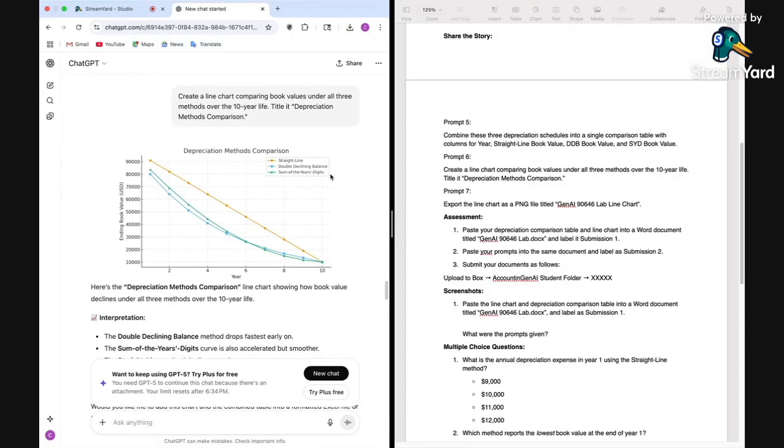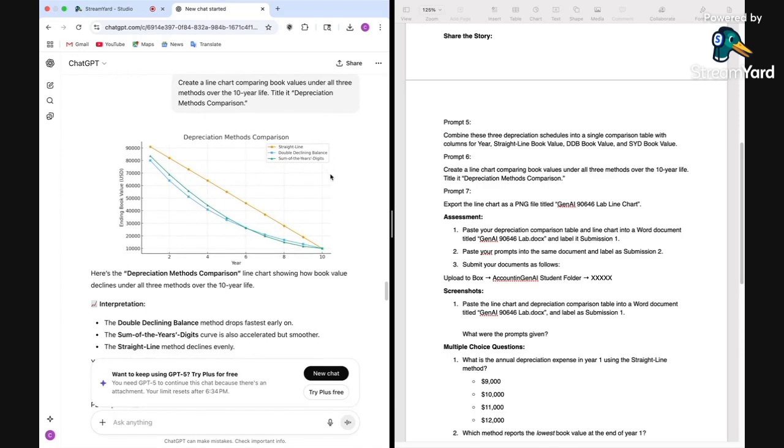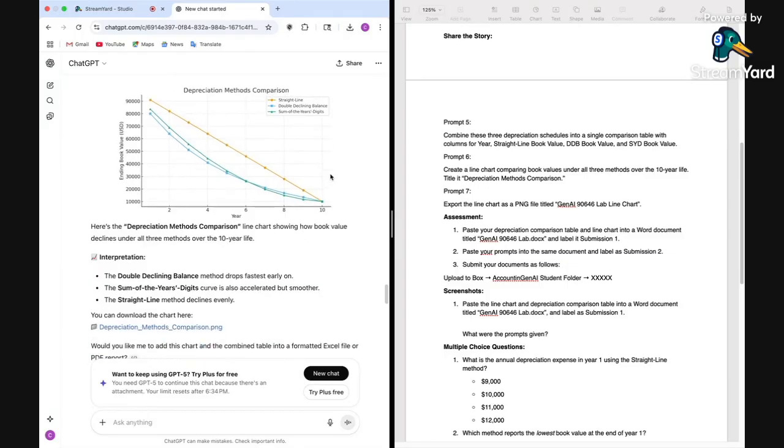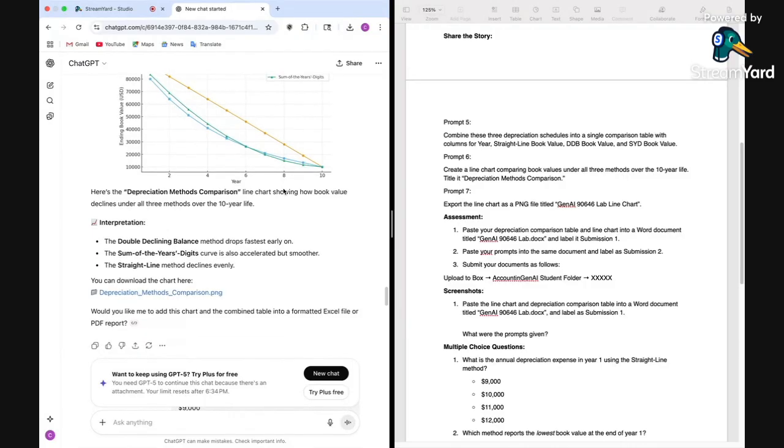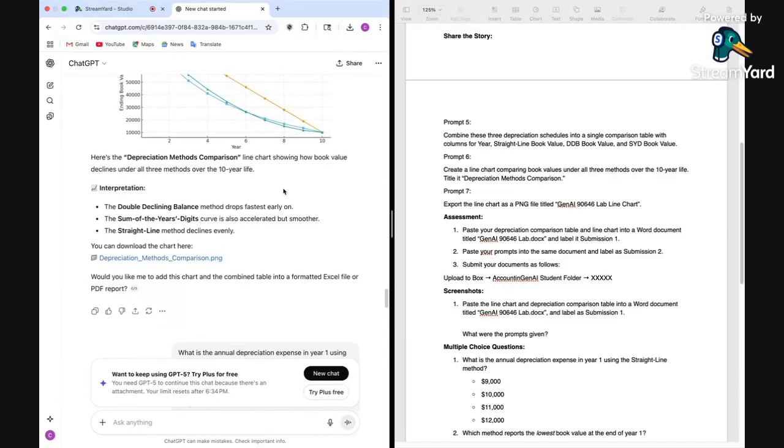And then I also gave it a title, and I have no complaints on this chart. ChatGPT laid out the chart perfectly. It did 10 years. It showed how the different depreciation methods varied, but how they all ended up at the exact same value at the end. It also gives you an interpretation, and I believe that this is very accurate.